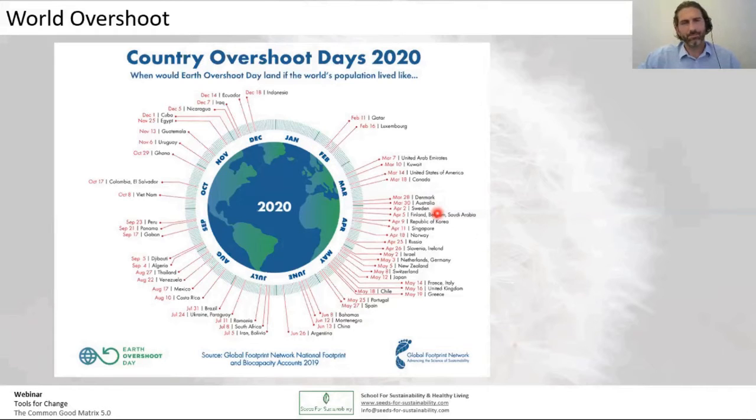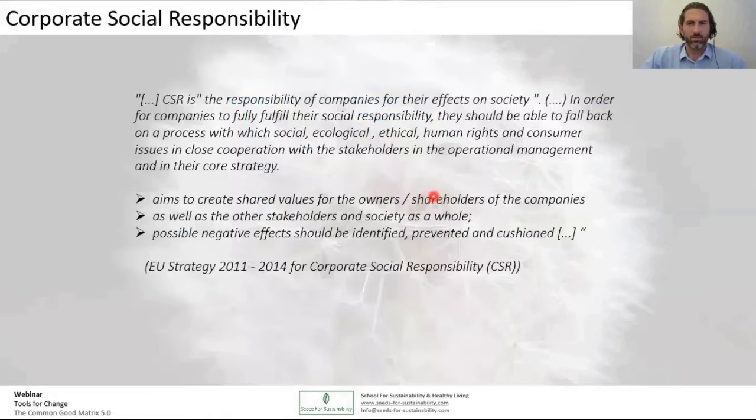Yeah. So when we look at the charts, then it becomes quite surprising also, or maybe not surprising, but it's still pretty impressive to see when are the resources used up of all those countries.